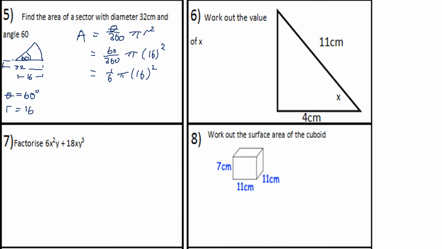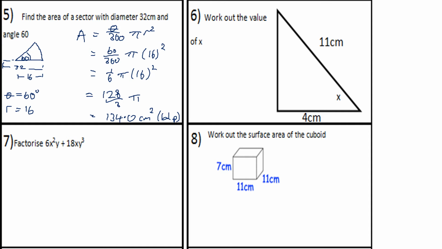You would get 128 over 3 pi. Let's go to one decimal place to get 134.0 centimeters squared to 1 dp.